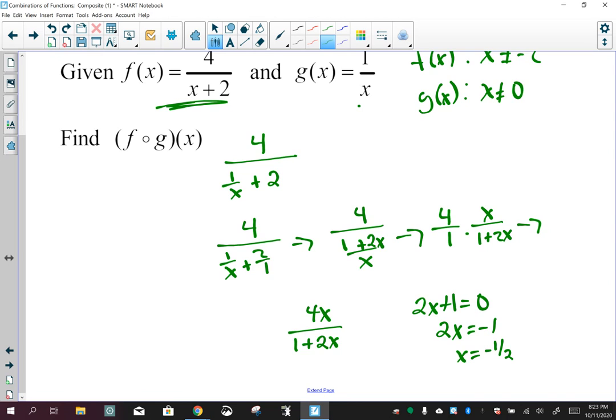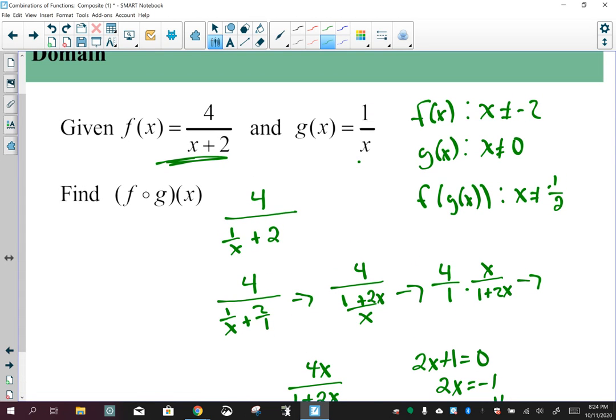I also have to include my negative 1/2 as well, because my negative 1/2 comes up when I combine the two together, on top of the fact I cannot have 0 and I can't have a negative 2.